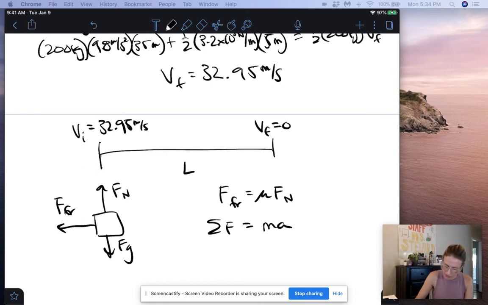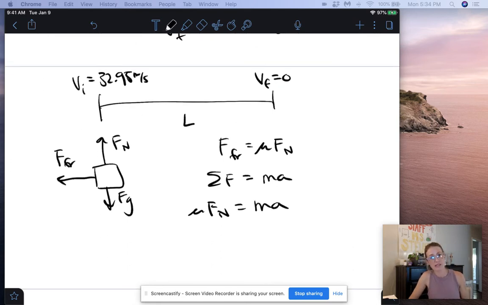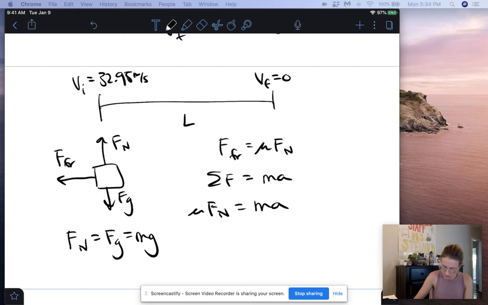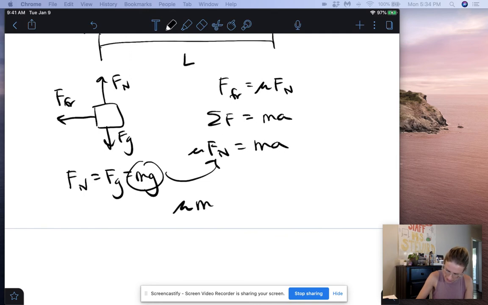So we get force of friction, which is mu times normal force, is equal to mass times acceleration. We know normal force in this case because we're not accelerating up or down. Normal force is equal to the force of gravity, which is mass times acceleration of gravity. So we can plug that in for normal force right here, and we get mu times mg equals mass times acceleration.